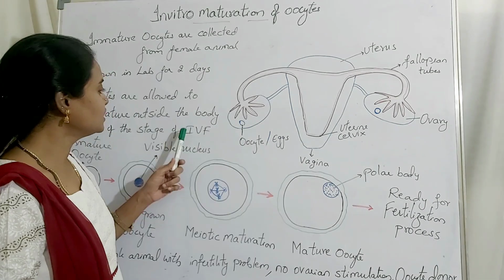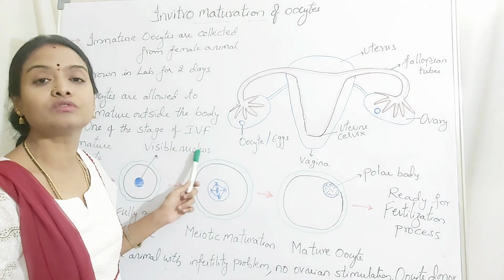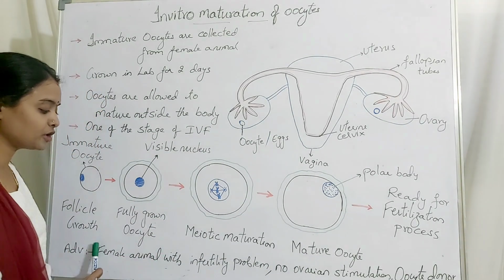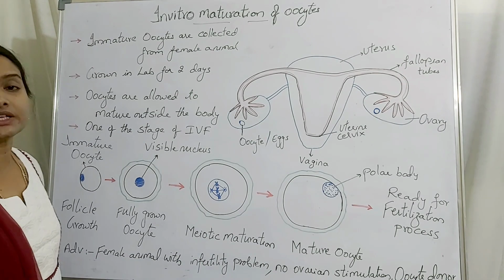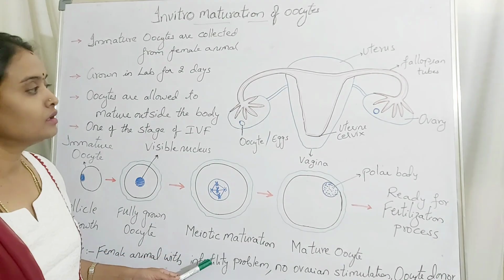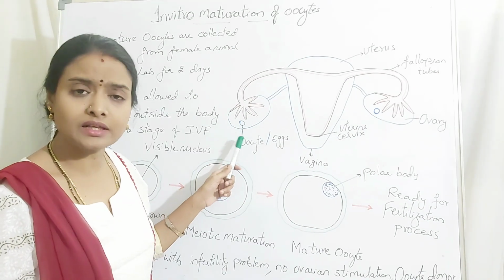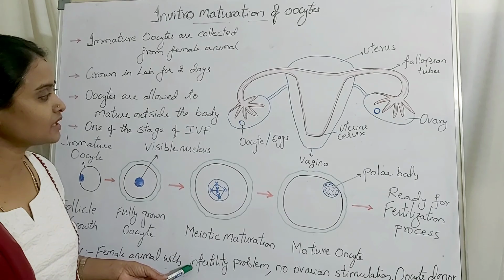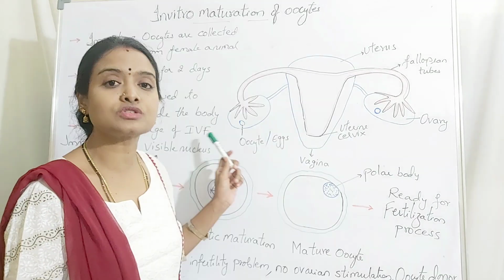One thing is, as we said, it is one of the stages in the in vitro fertilization process, and another advantage is for female animals with infertility problems, where they cannot produce any oocytes. Healthy oocytes may not be produced by that female animal. In that case, it can go for an oocyte donor.